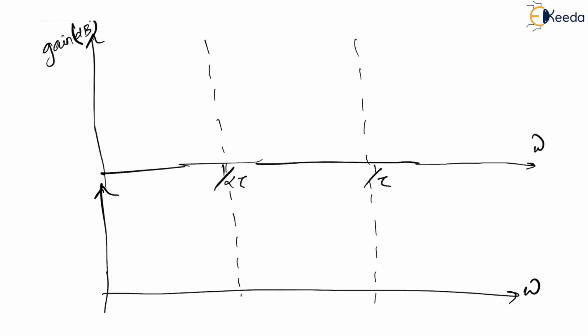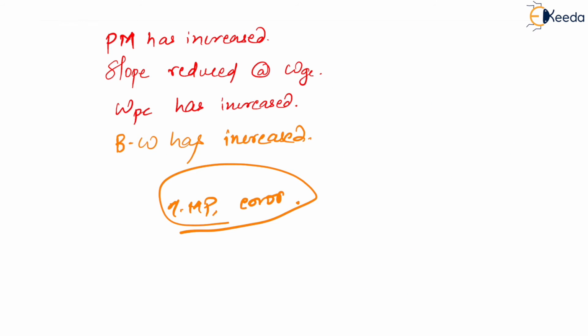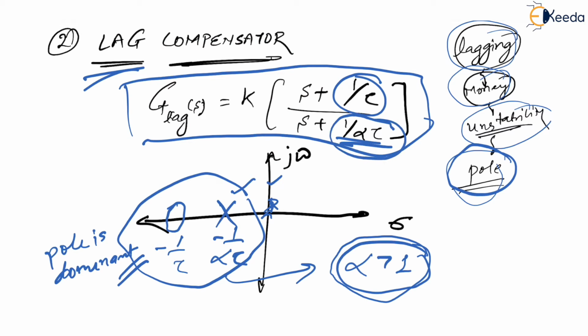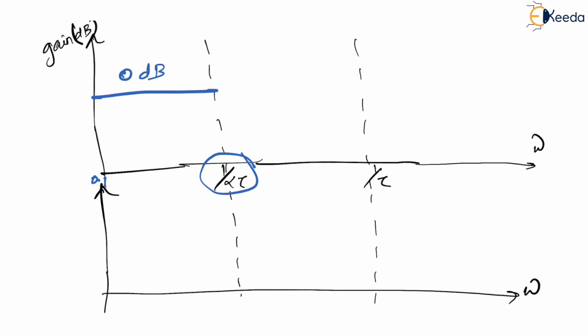From 0.1 to 1 by alpha tau, there is no pole or zero, hence it is 0 dB. Now at 1 by alpha tau, you have got a pole, which means definitely minus 20 dB per decade is going to be there.